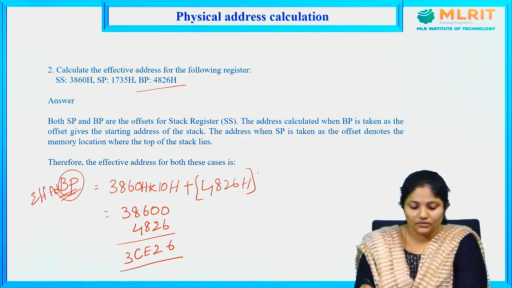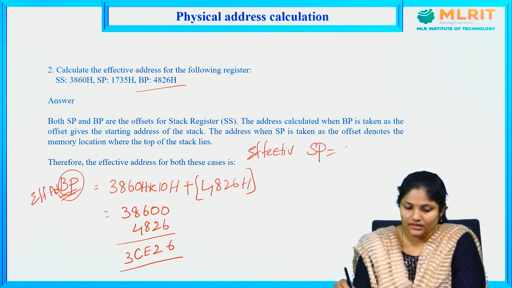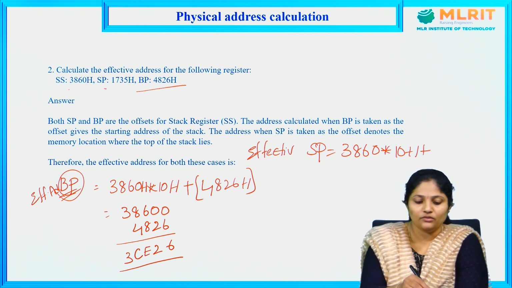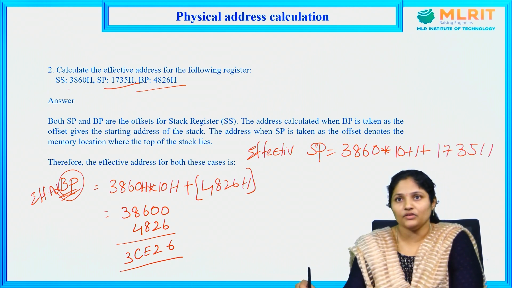If you want to calculate the effective address using SP, then 3860H into 10H plus you need to take SP, 1735H.